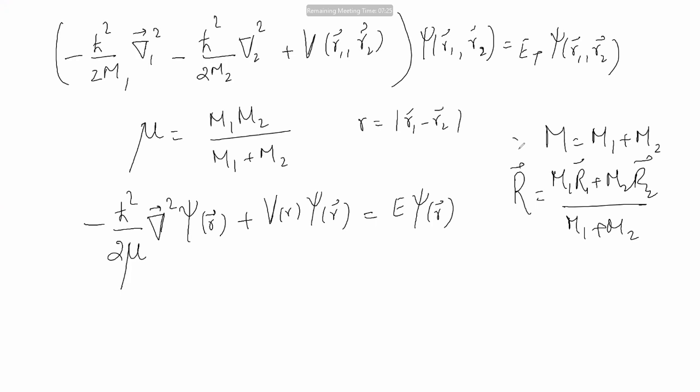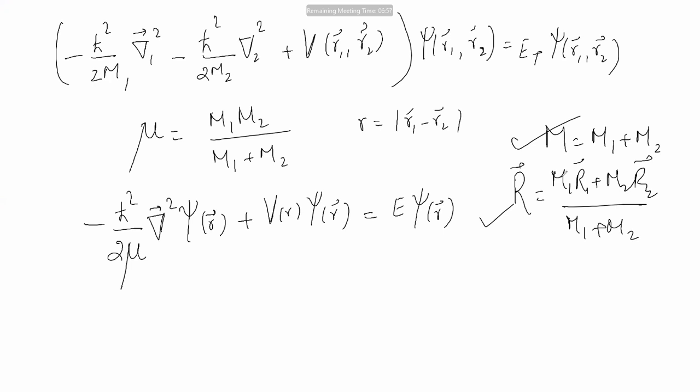While for the other equation with the center of mass coordinate, since there is no potential associated with that, it will behave like a free particle wave function, and that is not going to play any role because we are going to talk about a scattering phenomenon. Is it clear?